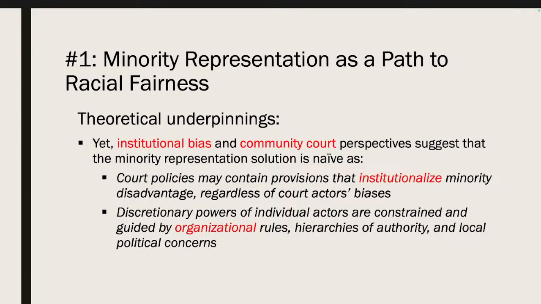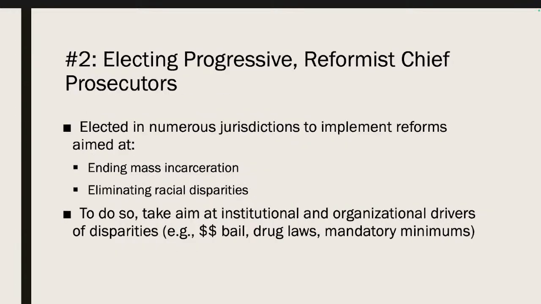All these hierarchies of authorities constrain the ability of individual actors and even work groups to affect egalitarian outcomes. This leads to another potential solution to racial biases. That second solution is electing progressive reformist chief prosecutors.